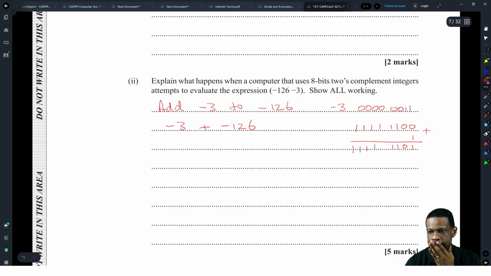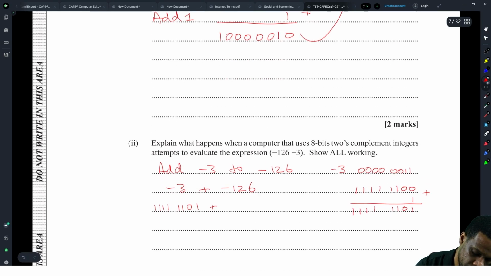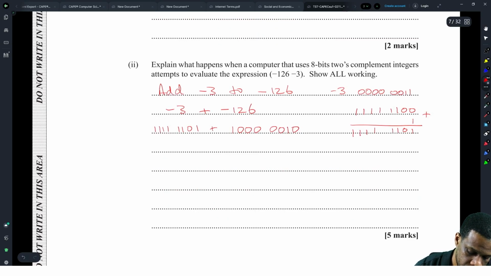Right, good. So when we get our 1, 1, 1, 1, 1, 1, 0, 1, now you're going to do the addition. So we have to do the binary addition. We basically have to show 1, 1, 1, 1, 1, 1, 0, 1 plus -126, which you just got, which is 1, 0, 0, 0, 0, 0, 1, 0. Actually, it'll be easier if I put them on each other and add them, because they say show all working, so I'm going to show all working.